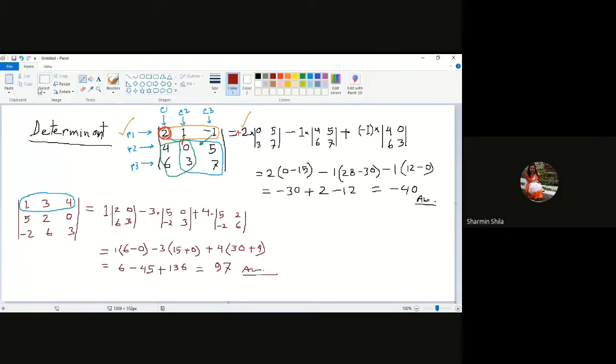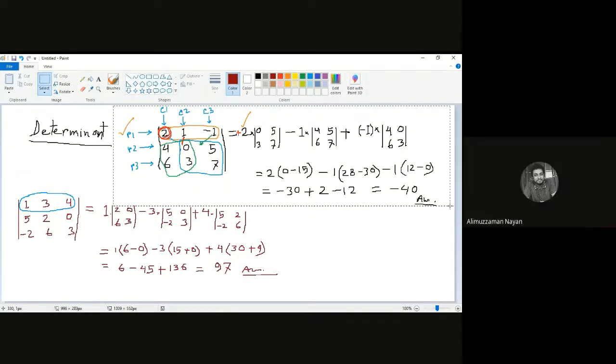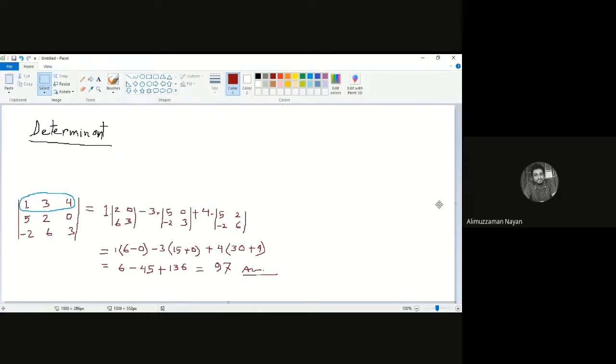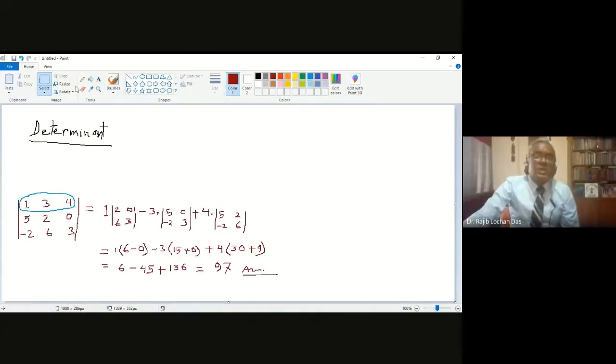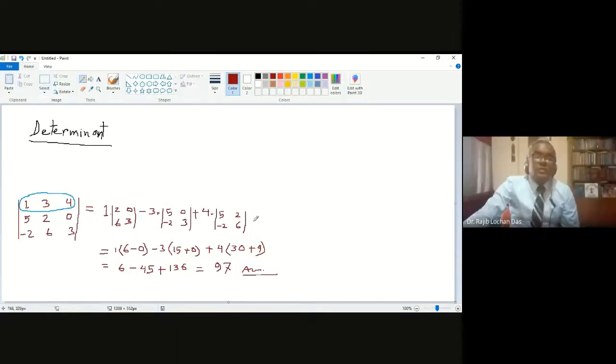Yes, sir. Now everyone think about this. Is this okay or not? Sir, is it mandatory to break down the secondary determinant, or can I do the single calculation and skip the secondary breakdown? Which one? This line? Very first line. Okay, possible, no problem.